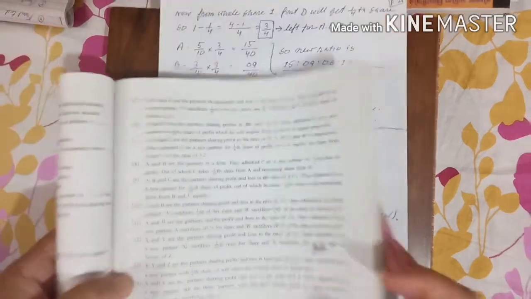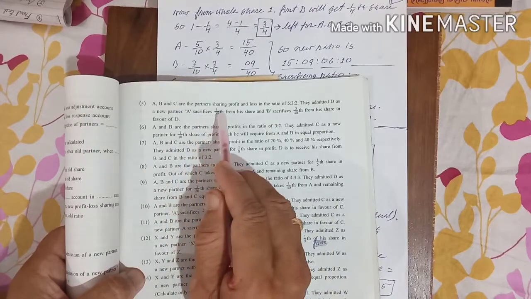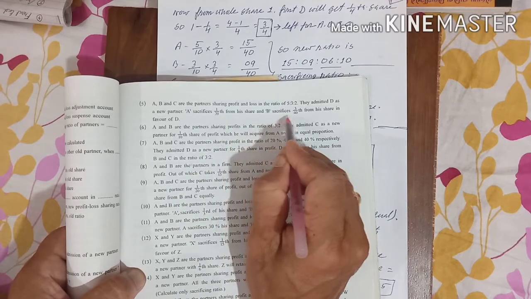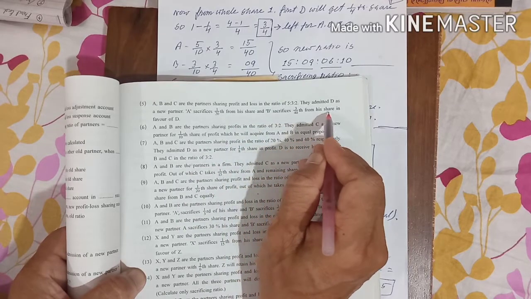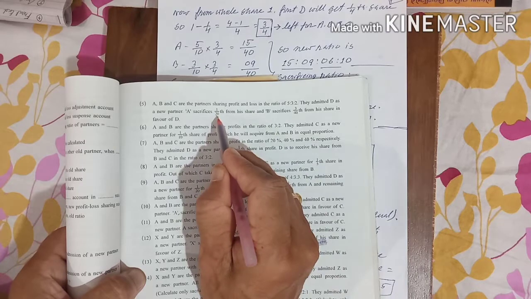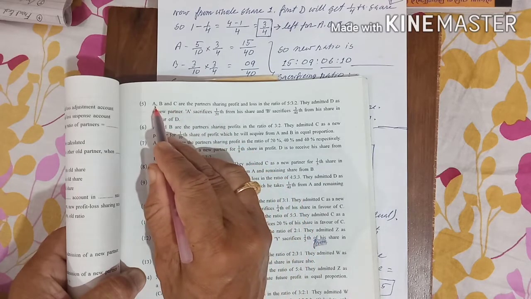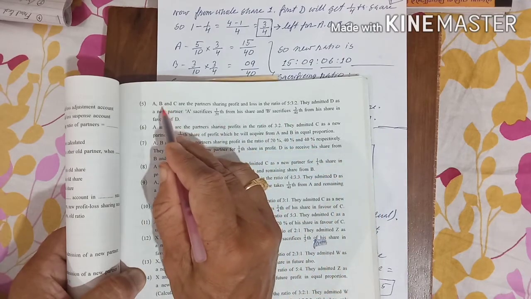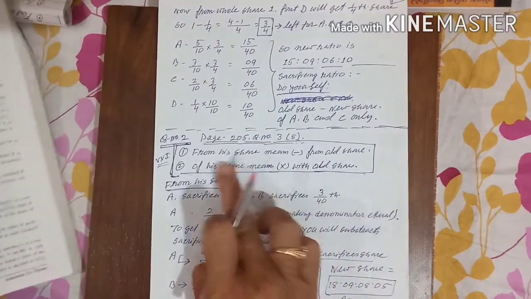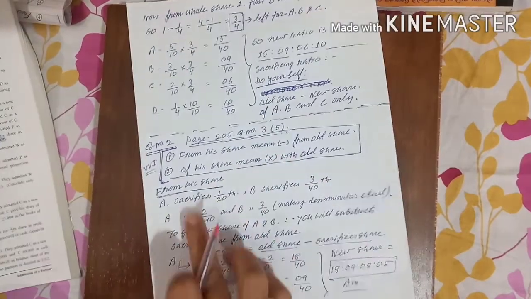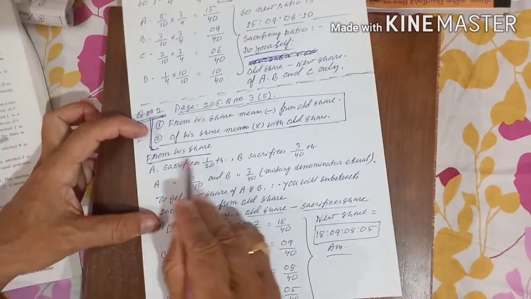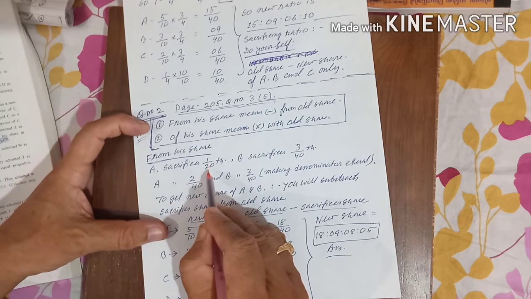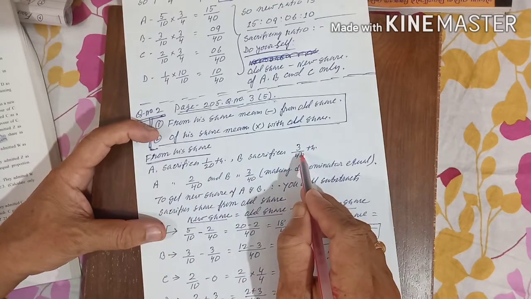Now, in this question, it is given that A sacrificed 1/20th from his share, and B sacrificed 3/40th from his share. So what will we do? 1/20 we will deduct from A's whole share, and 3/40 we will deduct from B's whole share, because "from his share" means minus. A is giving 1/20th, B is giving 3/40.